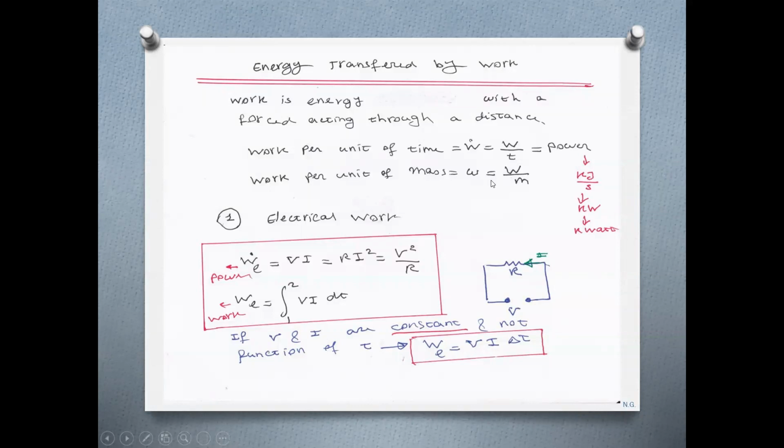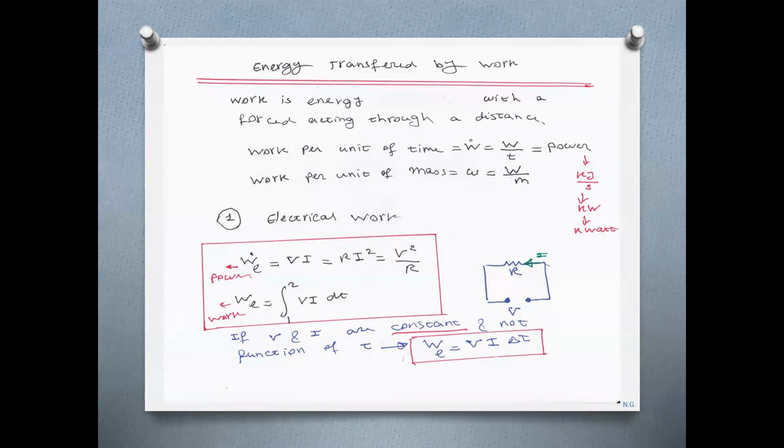And there can be electrical work involved. Here is the voltage, R is resistance, I is current, and the electrical power, W dot for power, E for electrical, can be calculated using this formula: VI, or R I squared, or V squared over R. In order to calculate the total work, power is basically work per unit of time.